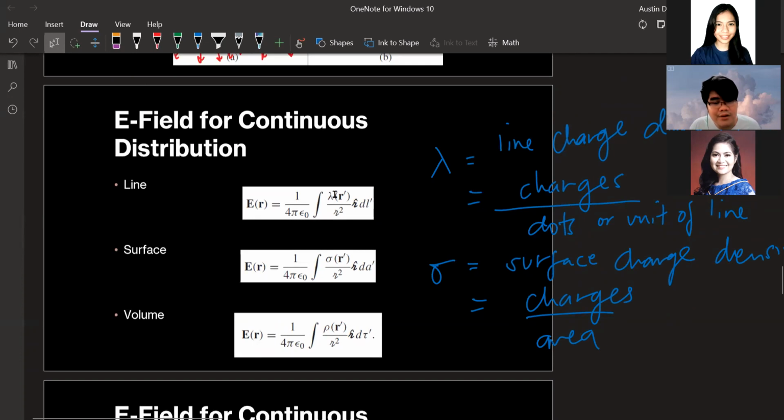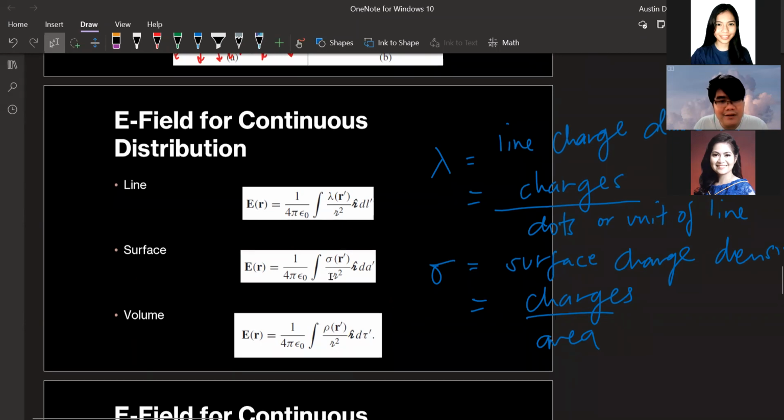Okay? So you integrate yung line charge mo all over the line, dl. You integrate your sigma, your surface charge density, all over the area para mabuo mo yung charge mo. And lastly, yung rho, integrate mo siya all over your space, d tau, all over the volume, para makuha mo yung total charge. Okay, sir, ano yung parenthesis R prime na yan?